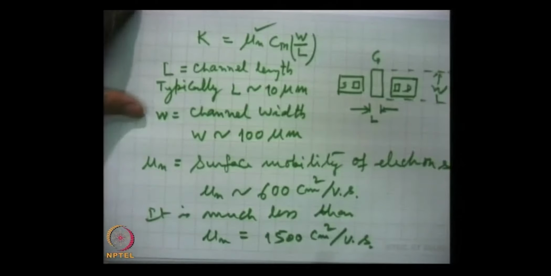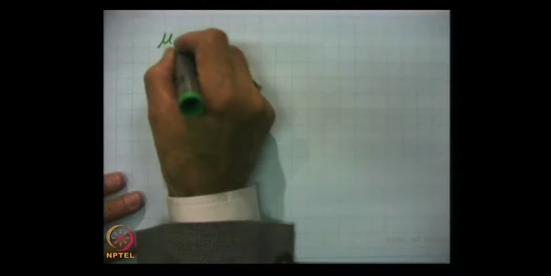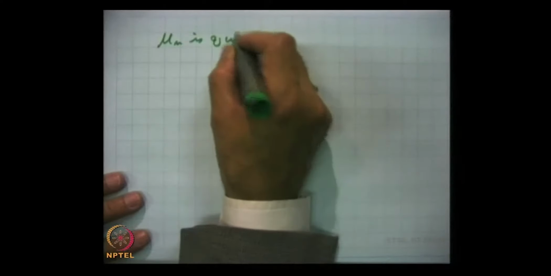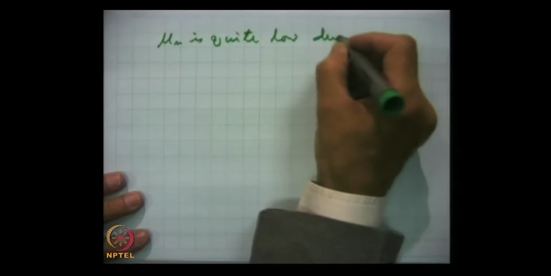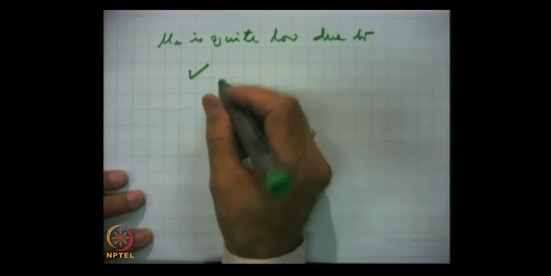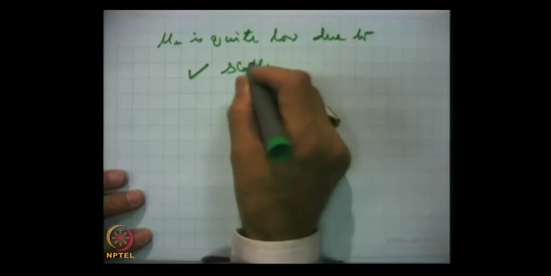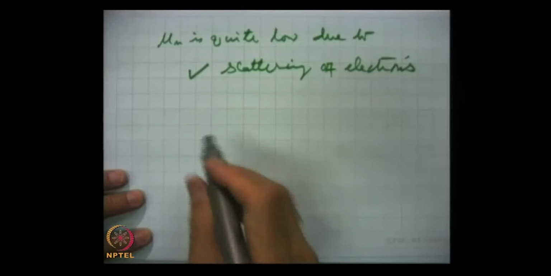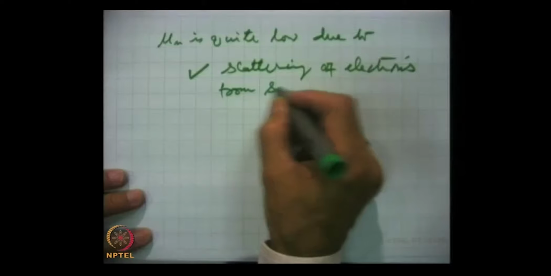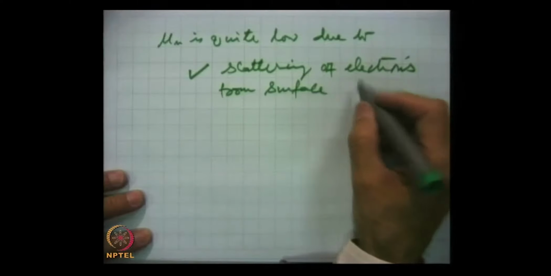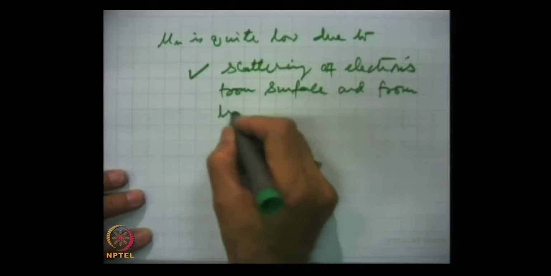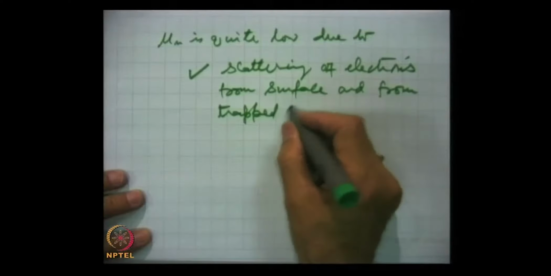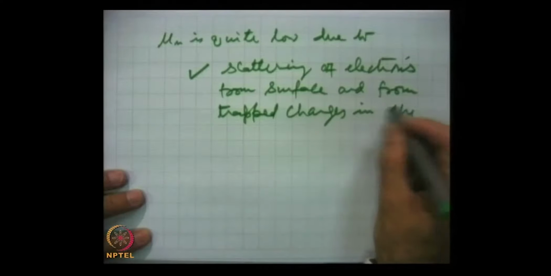The surface mobility of electrons is much reduced, and the reason is the scattering of electrons from the surface and from trapped charges in the oxide layer.